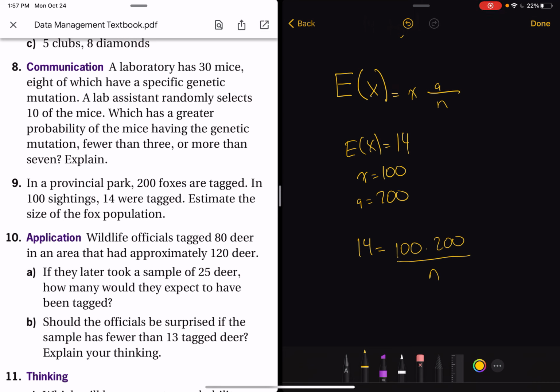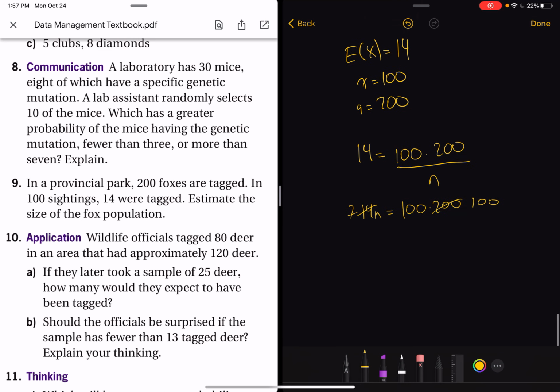So we could say 14N equals 100 times 200, divide by 7. We can divide that by there. So we have N equals 10,000 over 7.